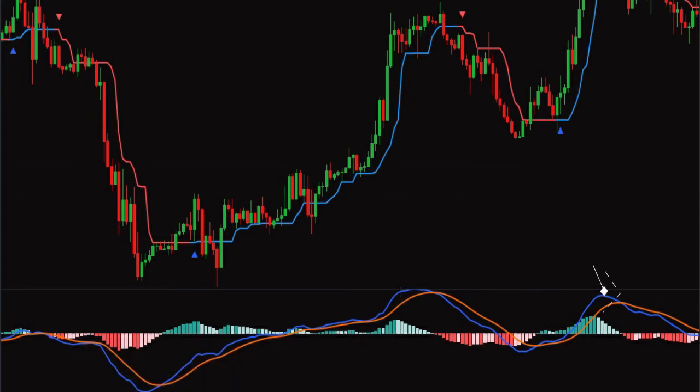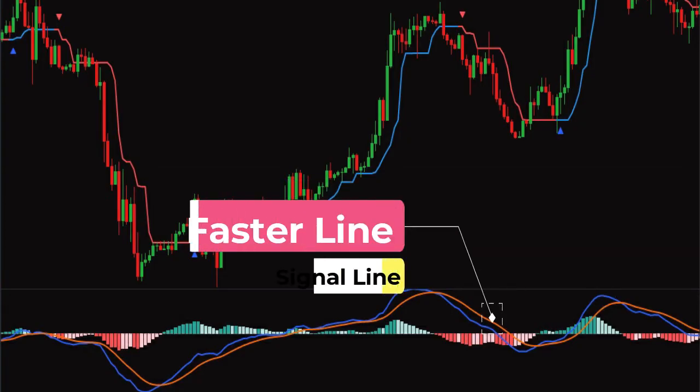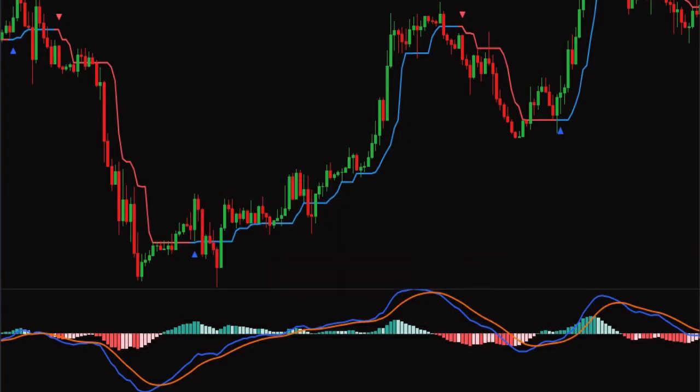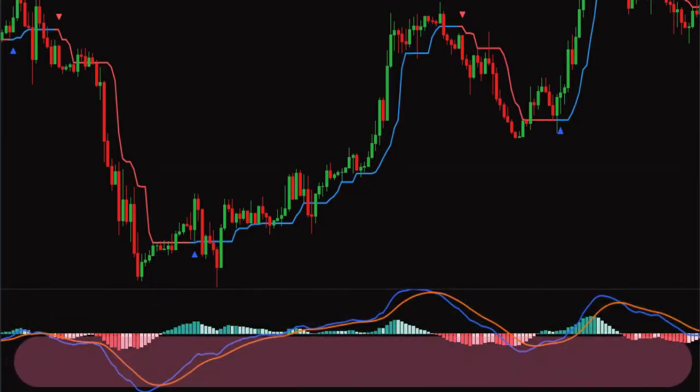The main, slower line is the MACD line, while the faster line is the signal line. If the two moving averages come together, they are said to be converging, and if they move away from each other, they are diverging. The difference between the two lines is represented on the histogram. If the MACD is trading above the zero line, it confirms an uptrend. Below this, the indicator is used to confirm a downtrend.